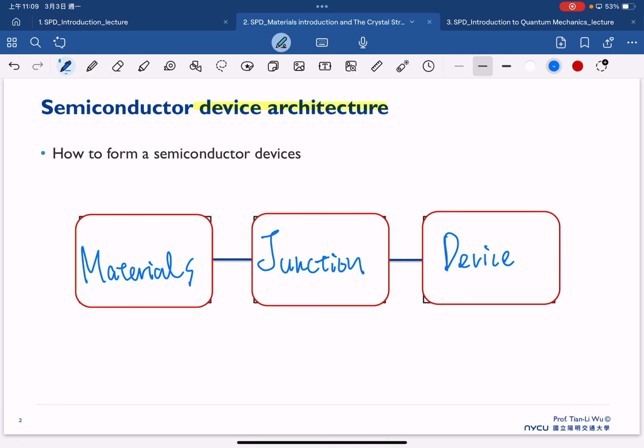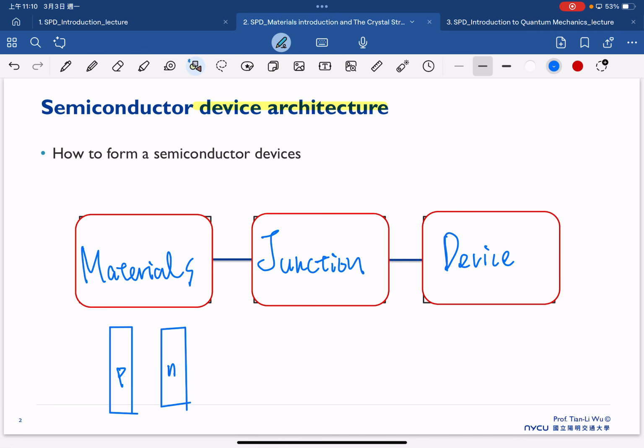So in terms of materials, in the semiconductor we can have a piece of material which has a different doping. For example, we have the N type. We can also have a piece of material which is a P type.